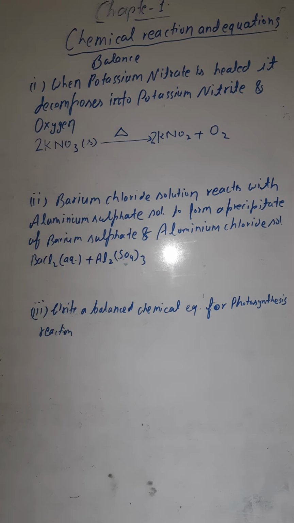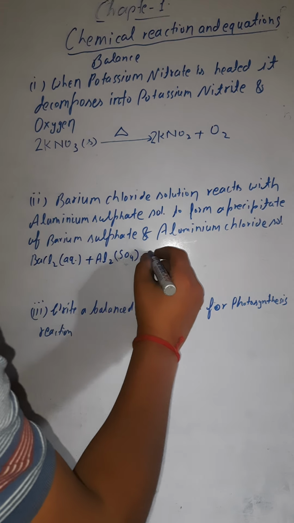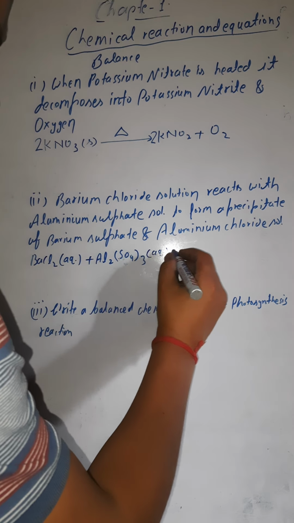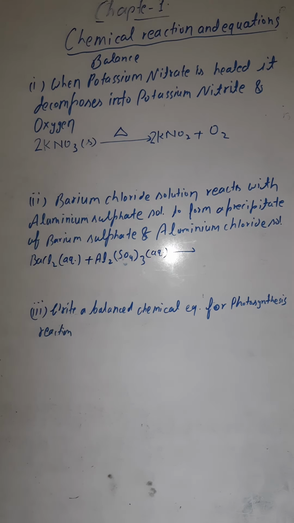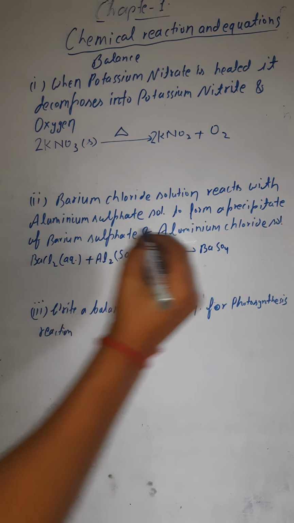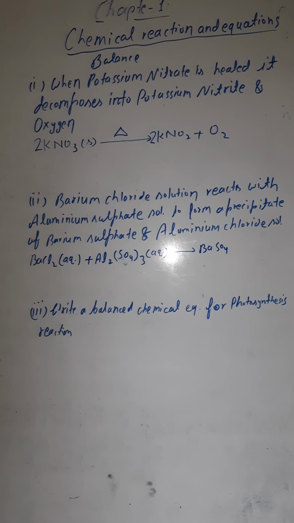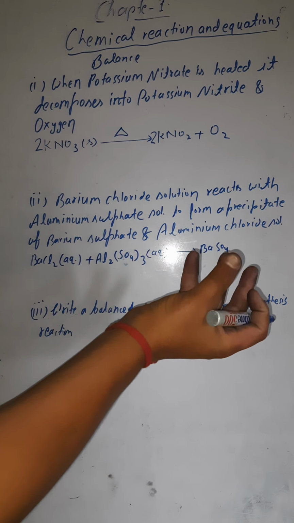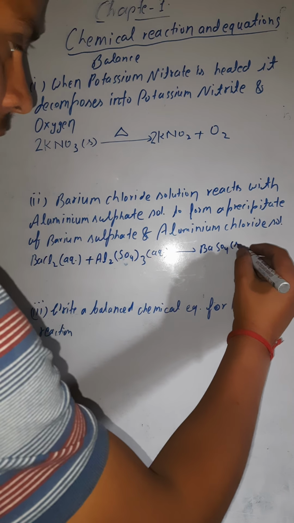BaCl2, that is barium chloride, reacts with the aluminium sulfate solution, Al2(SO4)3. Solution means its state is aqueous. It forms a precipitate of barium sulfate, that is BaSO4. Precipitate means it's a solid, it is not dissolving.